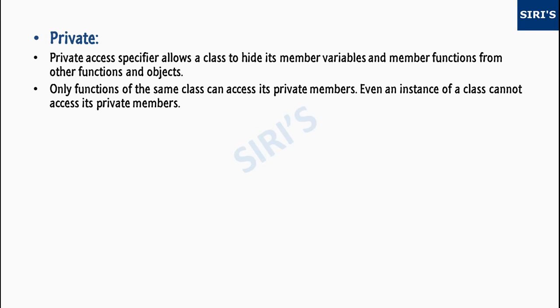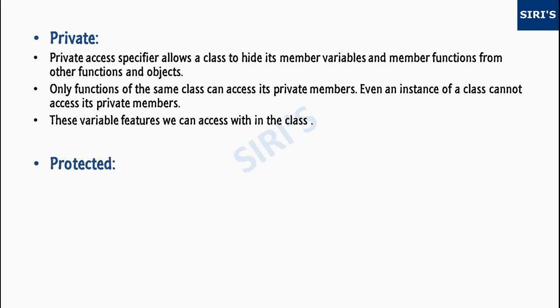Only functions of the same class can access its private members. Even an instance of a class cannot access its private members. These variable features we can access within the class.